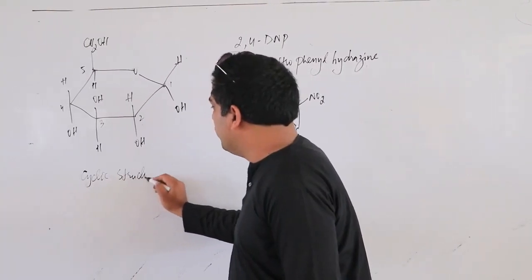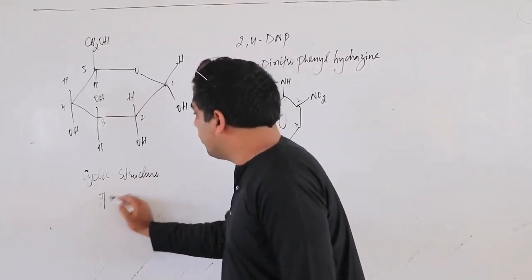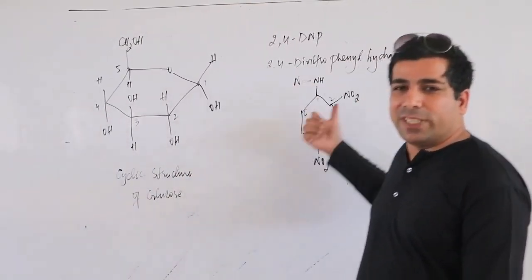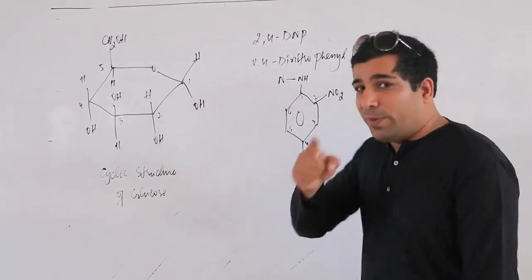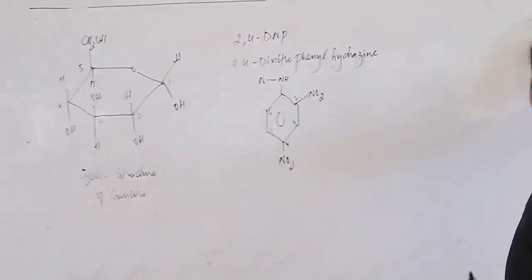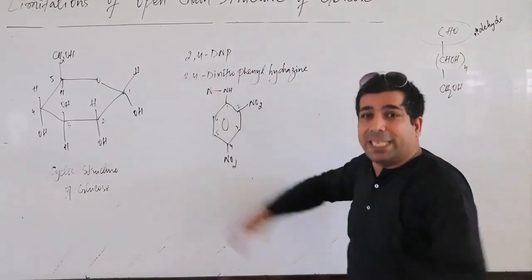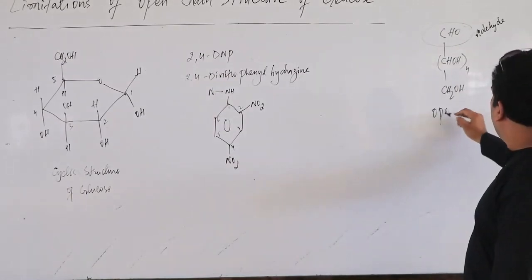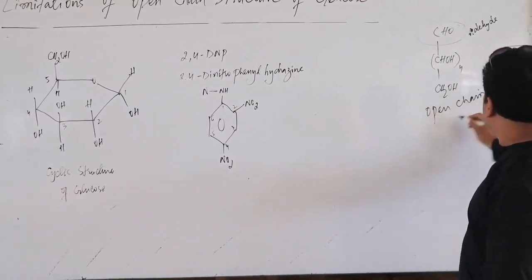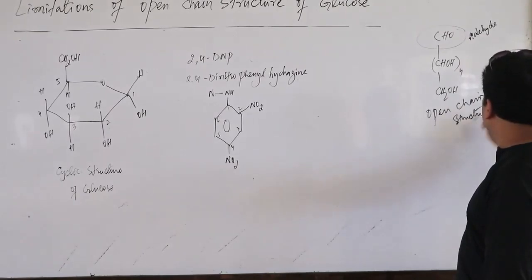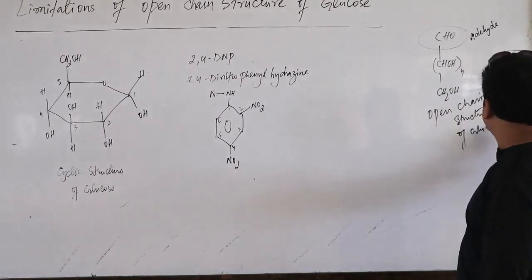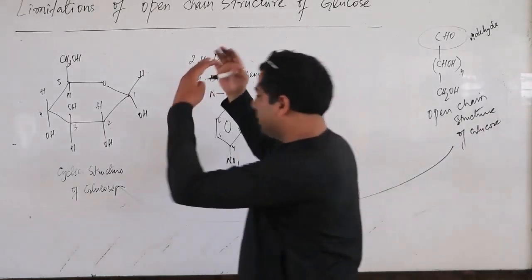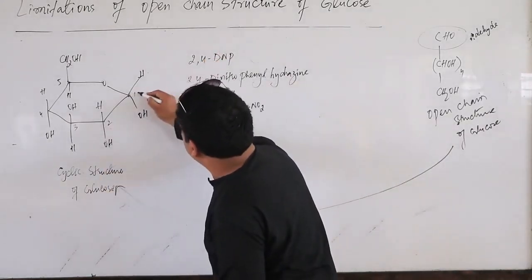Cyclic structure of glucose. And that's why this will fail to react with this thing. Now it will not react. So remember, open chain structure of glucose can react with this, but it does not react. Why? Because the open chain structure of glucose is converted into cyclic structure, and this cyclic structure has first carbon, which we will discuss later.